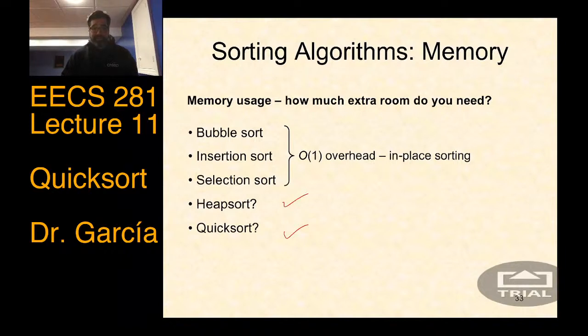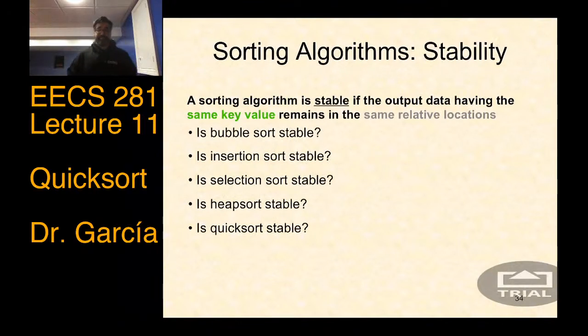All right. How about stability? This is an interesting question. Hopefully, you all remember in the previous lecture how we defined stability, right? If there are two elements that you're looking to sort that have the same key, which means that the comparator is going to say that they're equal, the order in which they come out of the sorting algorithm is the same order in which they were given as input.